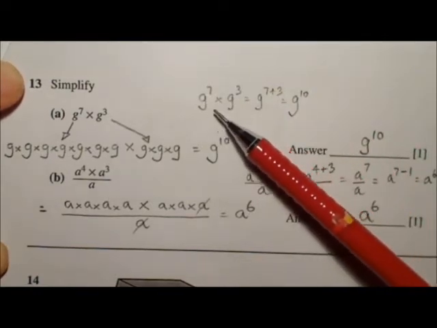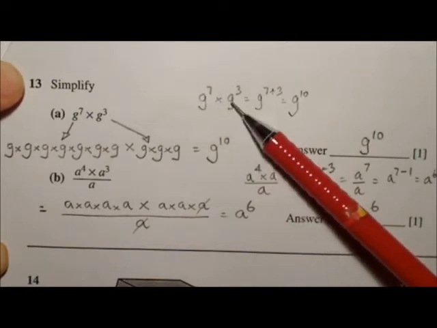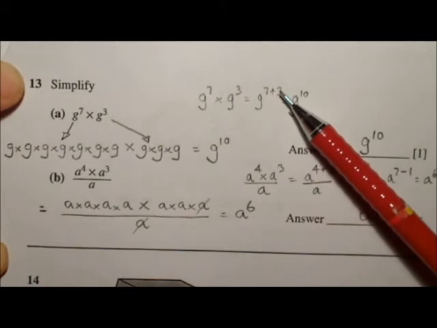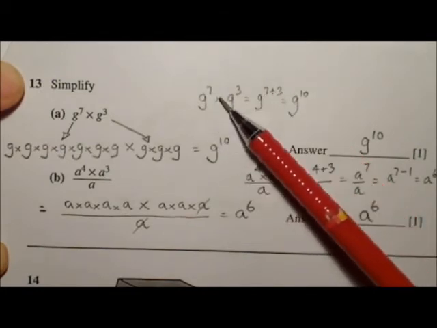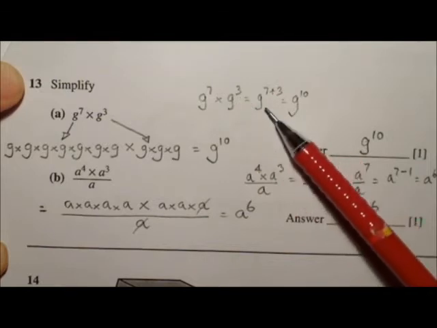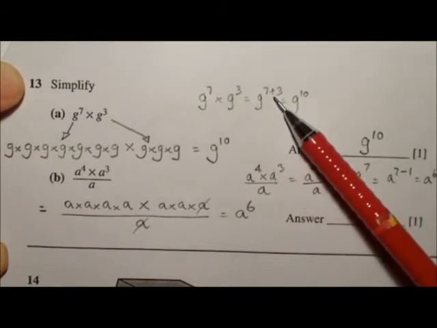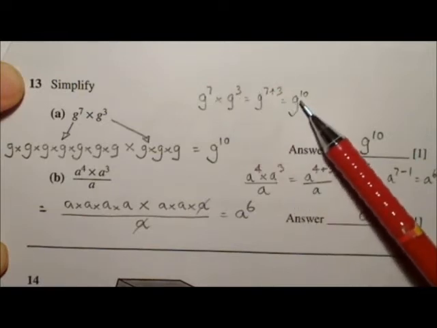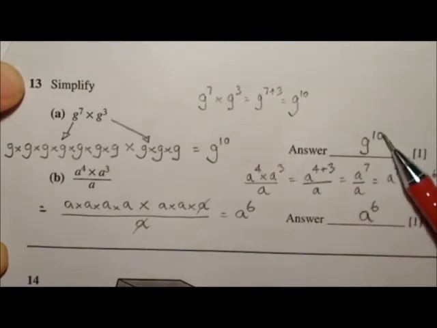The rule says when you're multiplying letters or numbers to powers, you can add the powers. So g to the 7th multiplied by g to the power of 3 is g to the power of 7 plus 3. So you add the two power numbers. So the answer there would be g to the power of 10.